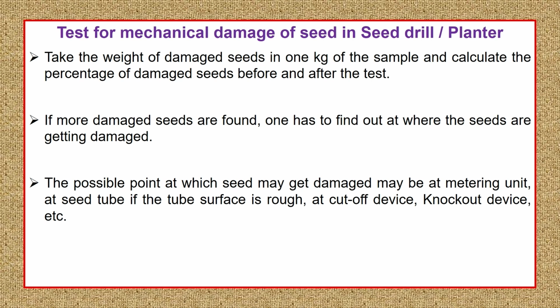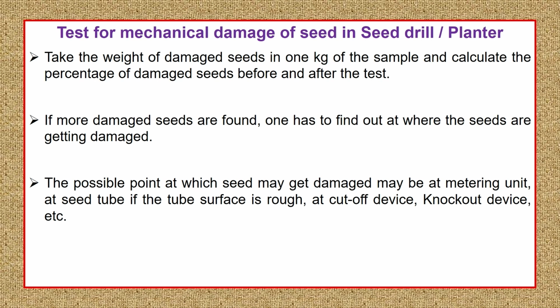So one must ensure that the equipment being used for sowing produces very little mechanically damaged seed. So how are we going to measure the percentage of mechanical damage which may happen to the seeds in the seed drill or in the seed planter?